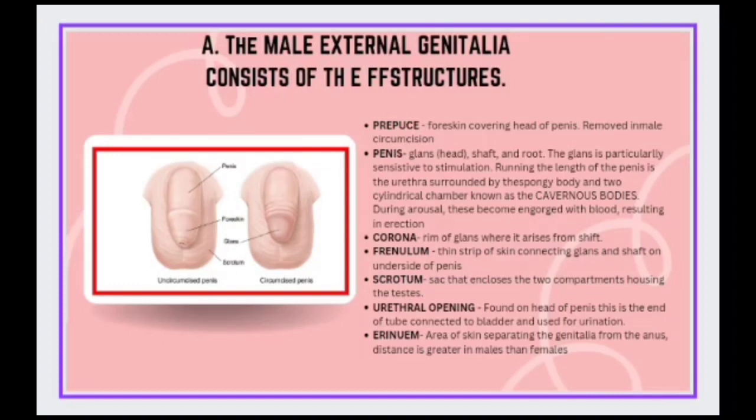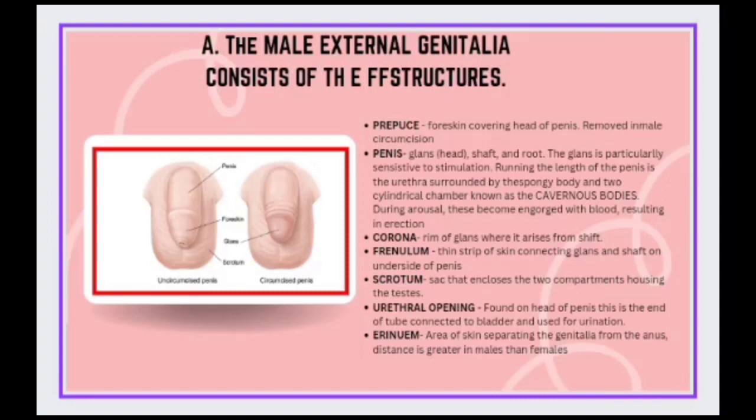The penis is the male organ for sexual intercourse. It contains many sensitive nerve endings, and it has 3 parts. May 3 parts daw: the roots, body, and the glans. The root is the base of your penis.